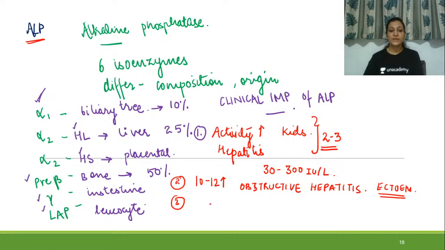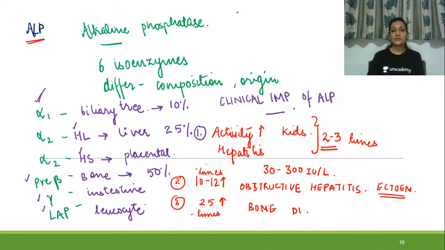Third, its activity increases 25 times. Let's write times or folds for each. 10 to 12 times, 25 times. Its activity increases 25 times in bone diseases.